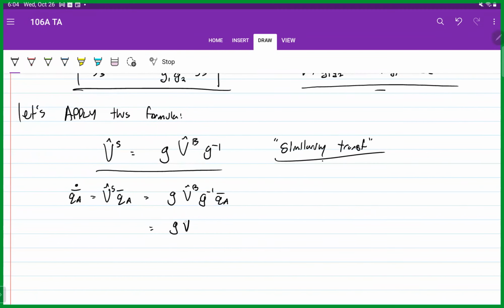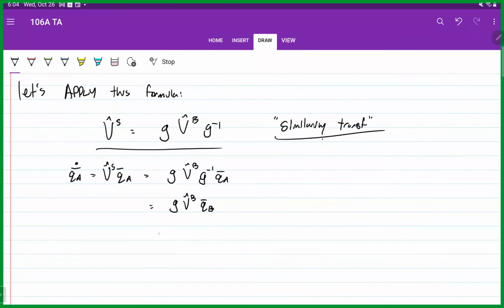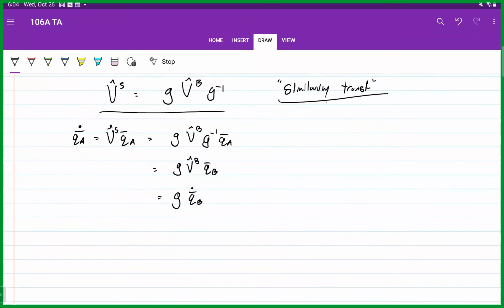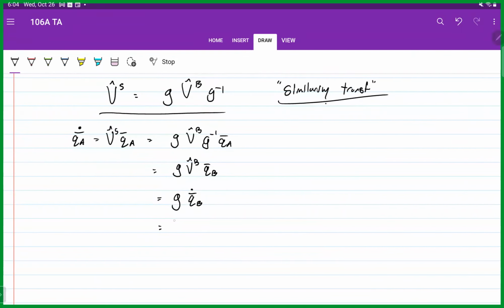So V hat B, G inverse times QA, will give us a point QB in homogeneous coordinates. Then if we multiply those two, we'll have a G times a QB dot, which is the spatial velocity of this point as seen from frame B. And then we just transform that back into frame A, which gives us a QA bar dot. Does that make sense? So you have the adjoint of one matrix, right? Yeah. This is already in the spatial frame.